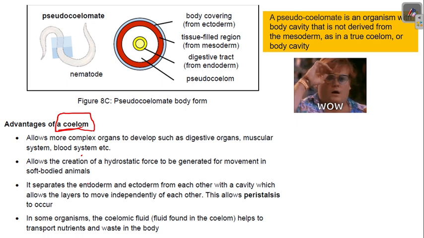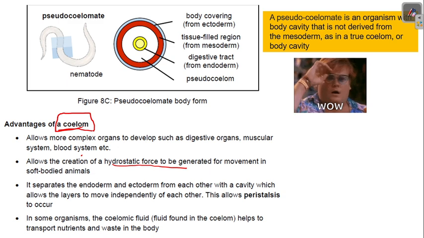So what do we mean? Look at organisms that have a hydrostatic skeleton. For example, those are your earthworms. So it allows for hydrostatic pressure and force to be generated so that they can use their hydrostatic skeleton to move. Good. Then it also separates the endoderm and the ectoderm from each other with a cavity, which allows the layers to move independently of each other.